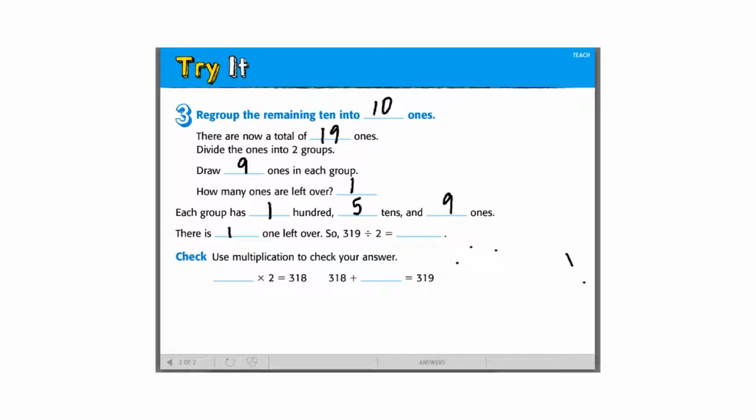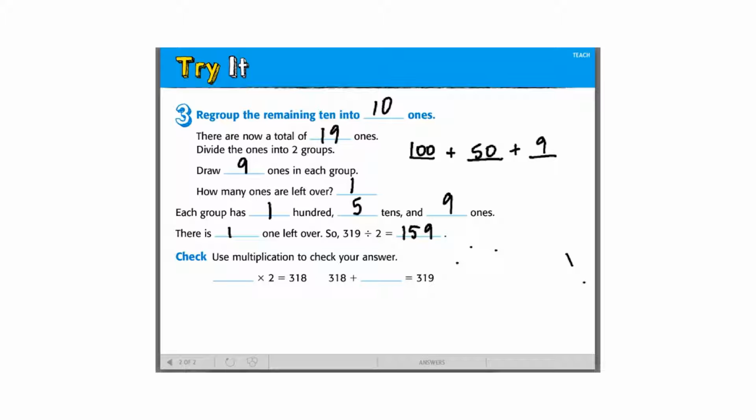So then 319 divided by 2 would be 159. Like what we talked about earlier, it would be 100 plus 50 plus 9. So the big 100 block represented 100, then you had 5 tens, which would represent 50, and you had 9 ones, which would represent 9.